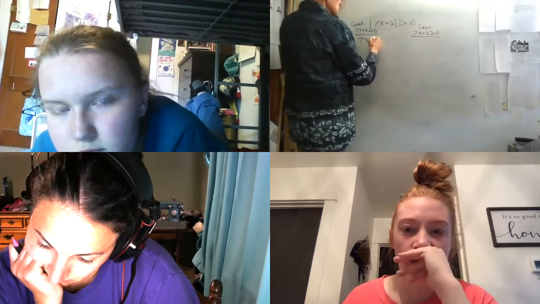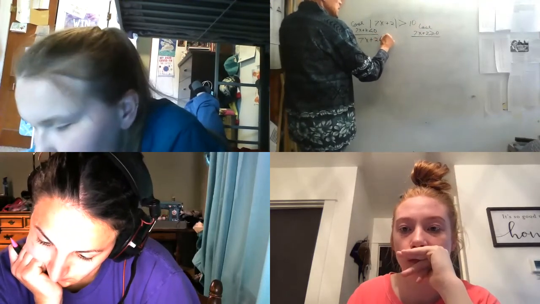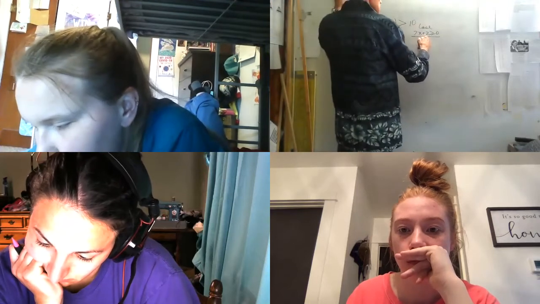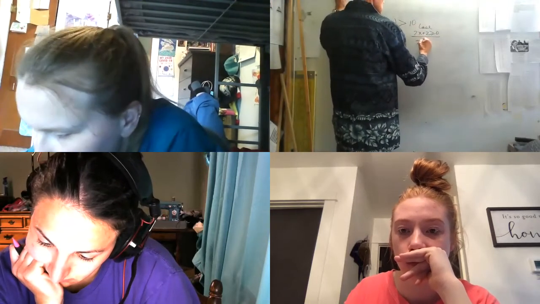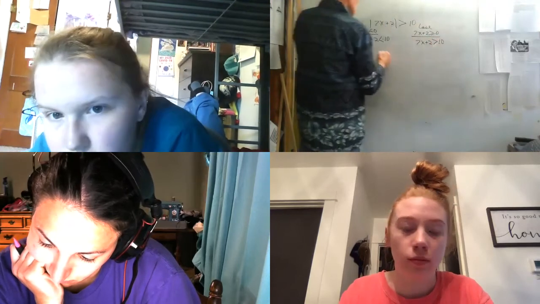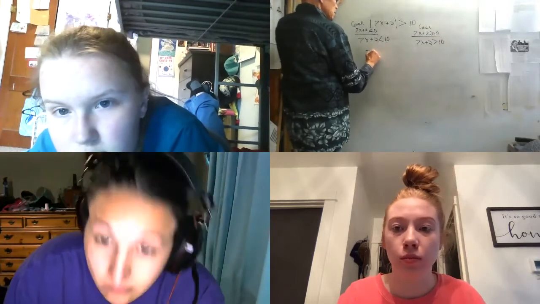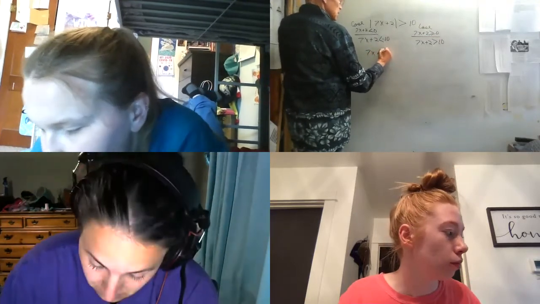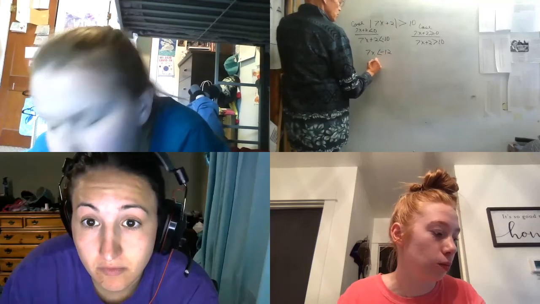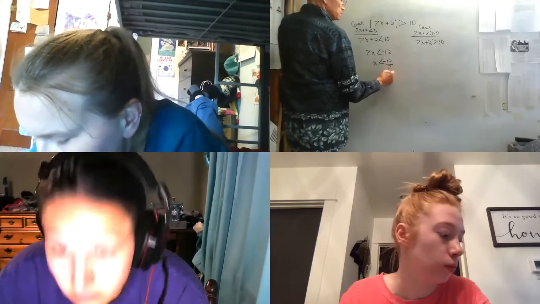So if this is the case, we write that as less than -10 and we go to work. If this is the case, we say 7x plus 2 is greater than 10. Now let's go to work. We'll subtract 2 from both sides, so we get 7x is less than -12, or x is less than -12 over 7.